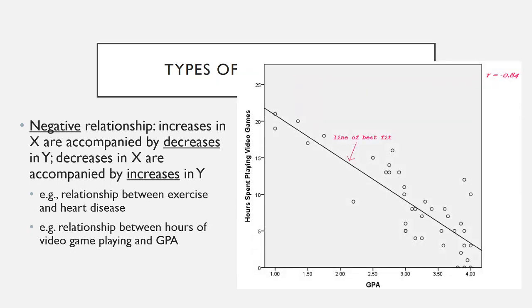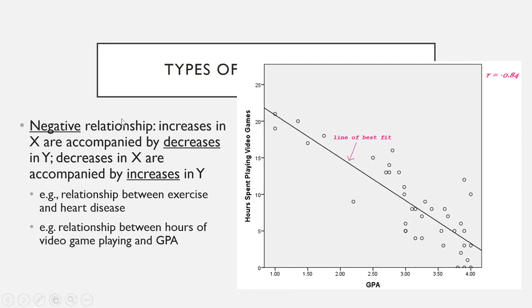Okay? So this would be something like the relationship between exercise and heart disease, right? As you exercise more, you see health outcomes improve. More exercise, less heart disease. Or like this scatter plot that depicts the relationship between hours of video game playing and GPA.